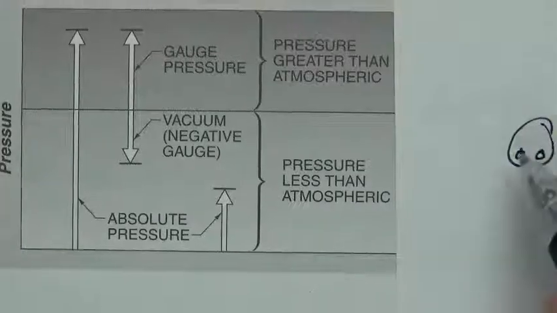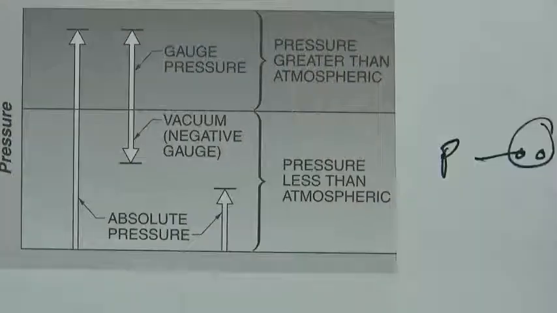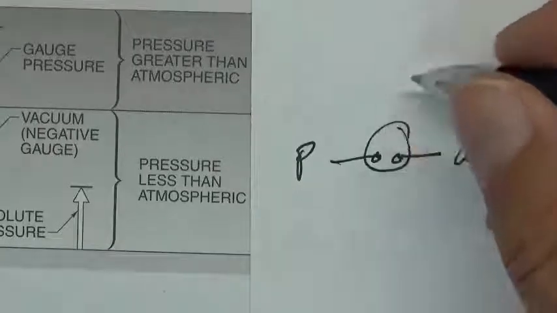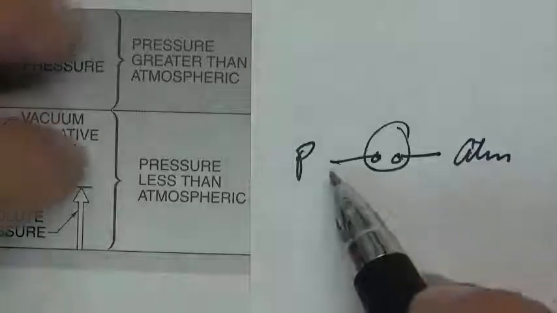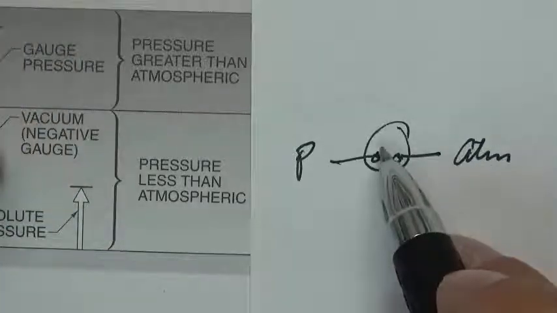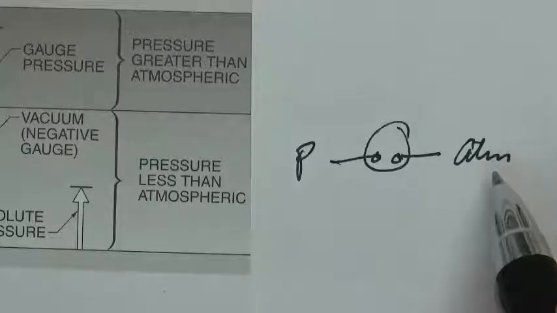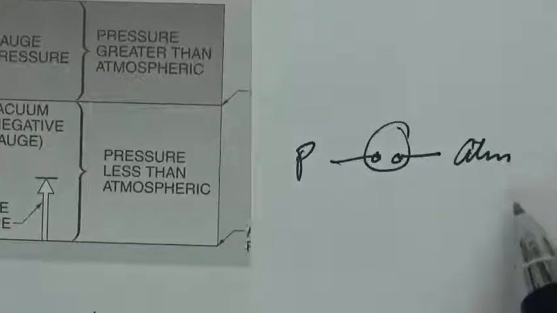It has two ports. One's measuring a pressure and the other's open. So if this pressure is lower than this pressure, the gauge reads negative. If this pressure is higher than this pressure, the gauge reads positive. So we're always reading that differential pressure.